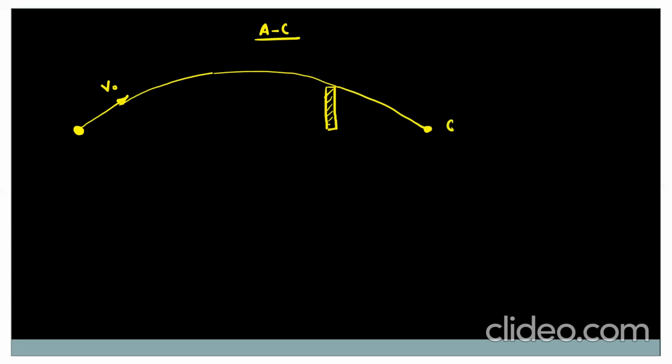So this is point C, this is the starting point. Okay, this distance is equal to 4.8 and this is equal to 3.6 meter. Okay, so for A to C motion, again split that motion into horizontal and vertical motion. So for the horizontal motion from point A to C, the total displacement S is equal to 4.8 plus 3.6 meter.